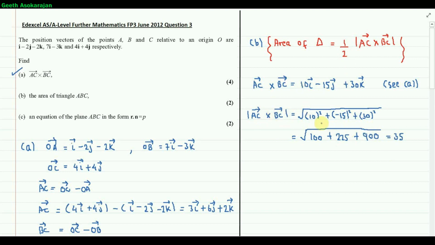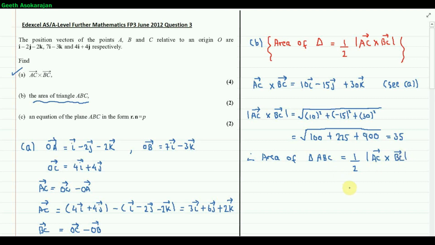But let's apply this to our formula and work out the area of the triangle ABC. So for the area of the triangle ABC, remember the formula, it's half the modulus of AC cross BC.